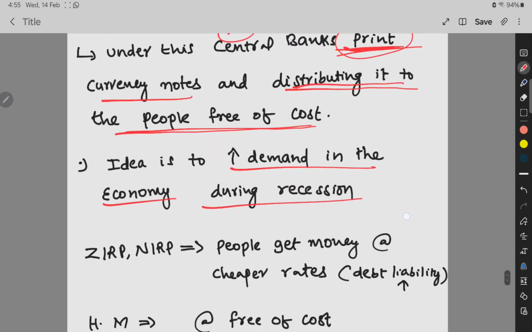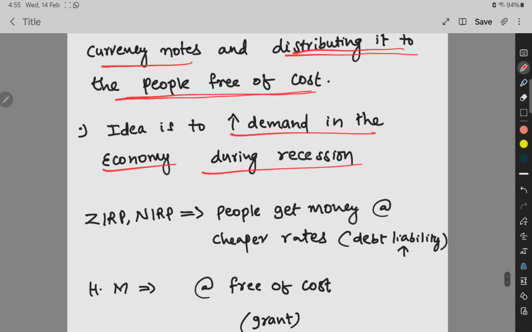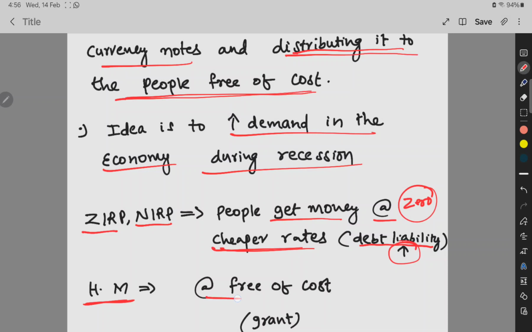Now we will observe all three together. Under the zero interest rate policy and negative interest rate policy, people get money at cheaper rates, not zero but cheaper. It means the debt liability of the people will increase. But under helicopter money, people get the money free of cost.